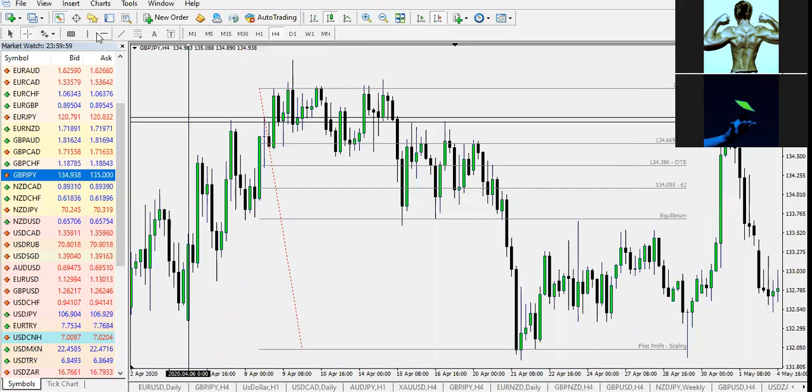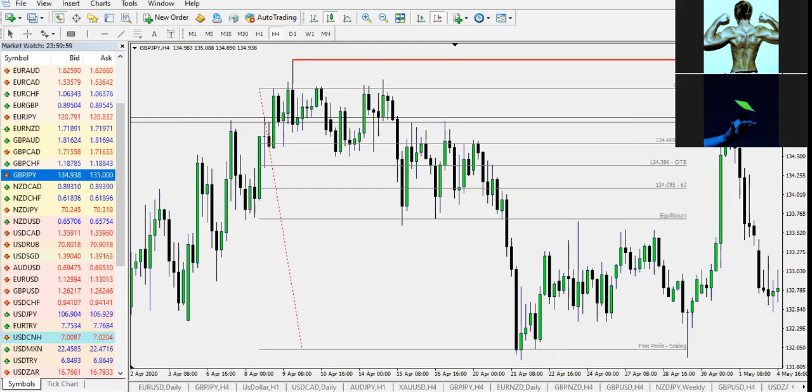Even if price wicks through, this was a question I previously answered, even if it wicks through the 100% and breaks the previous high like this, as an example, we can still consider that if the bodies close within our sweet spot area, this is still a sell, because it is a premium area to sell.